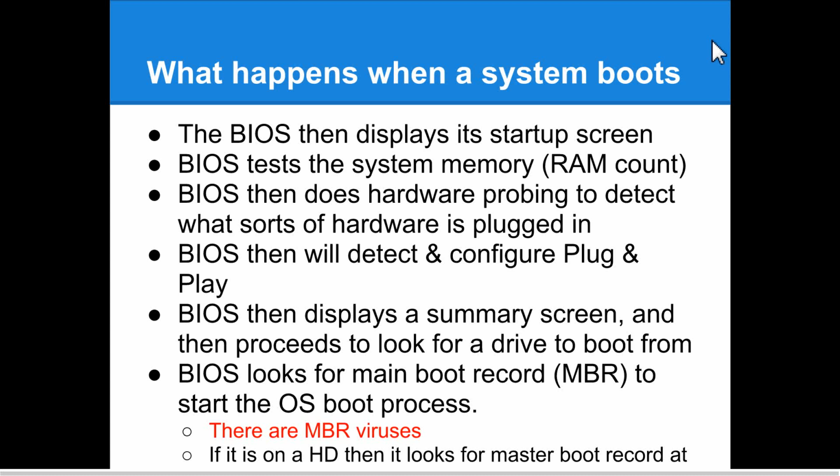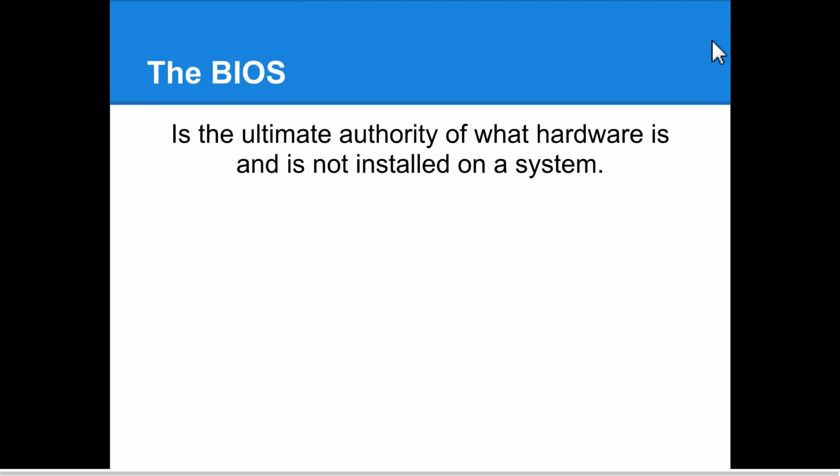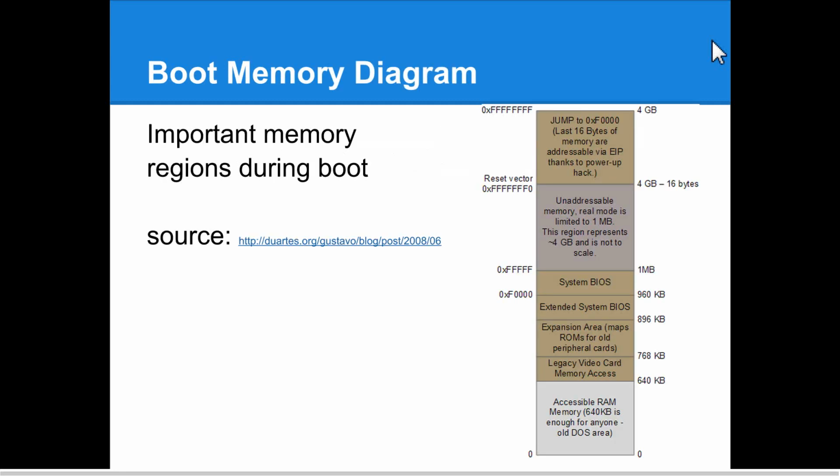I go into it at the end of the semester, in my lecture on the history of cyber warfare. It dates back to the Cold War. There are unclassified records of this going on, so I'm not just making this stuff up. The BIOS is ultimately the authority of what is and what's not installed in the system, and this is the basic boot memory diagram.